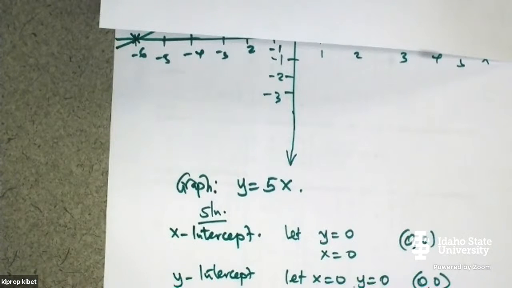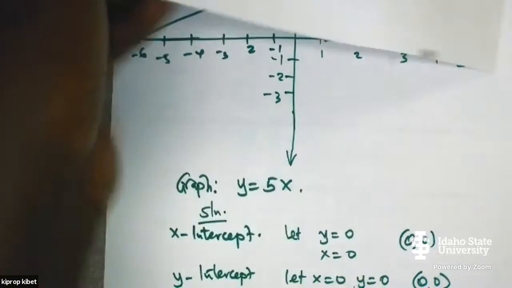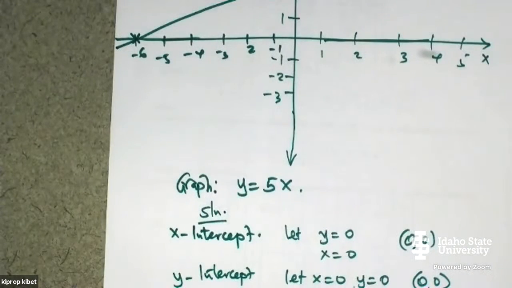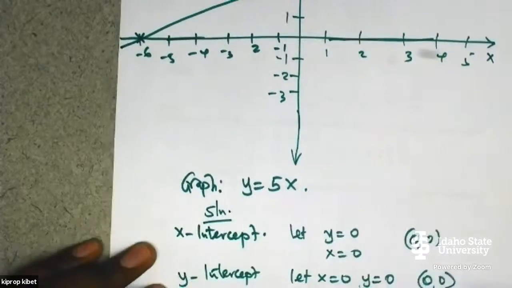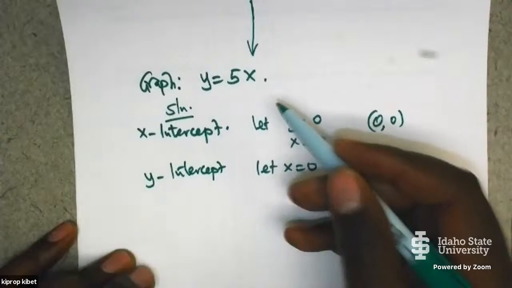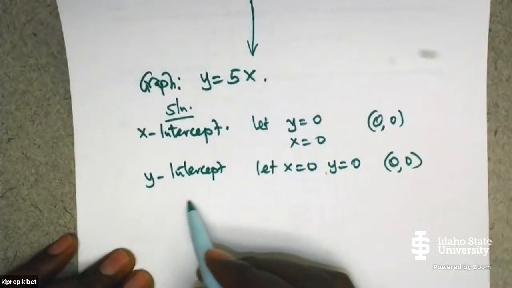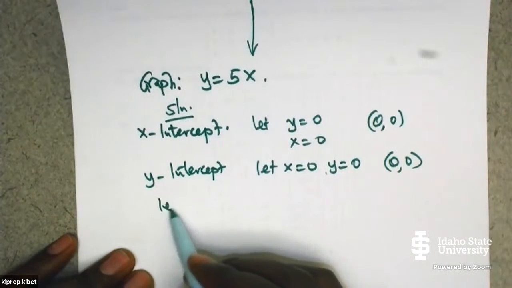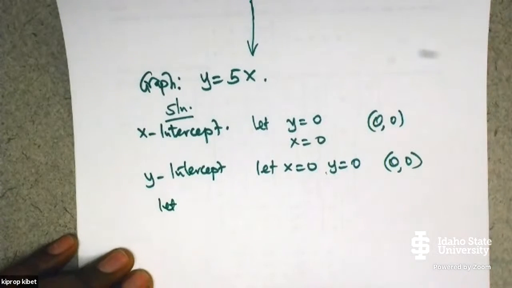What will you do when you have the 2 points there, 0, 0? So you need to get the other point, right? So the other point, you can let x be 1.